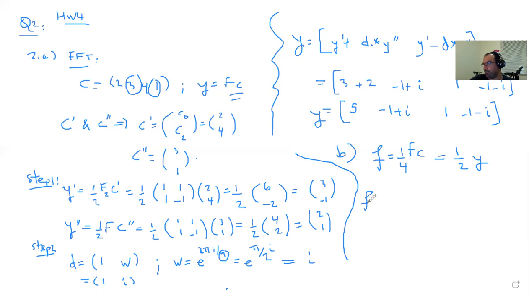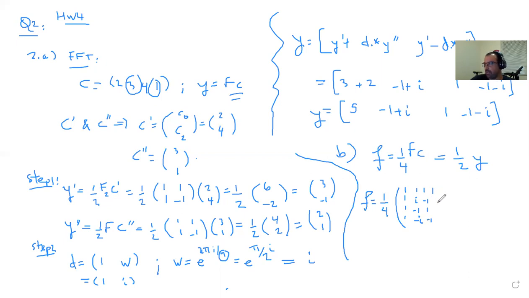Well, here we're going to have f, which is equal to 1/4. What is F? It's going to be 1, 1, 1, 1 as the first row and column. And here the components inside are i, minus 1, and minus i. In the third column, you're going to have minus 1, 1, and minus 1.